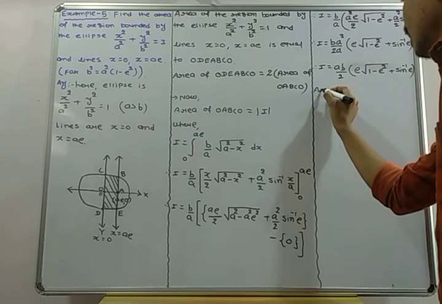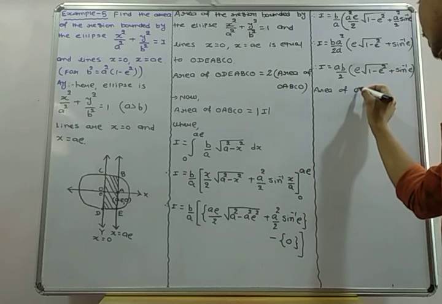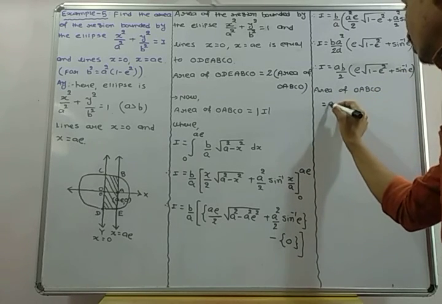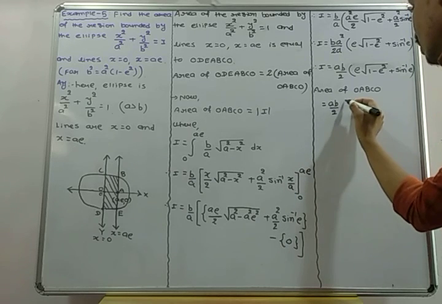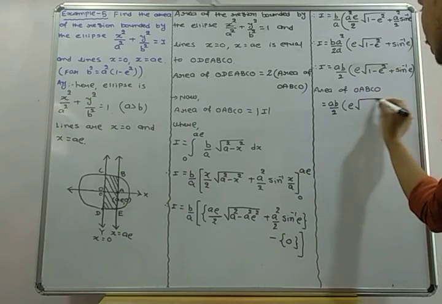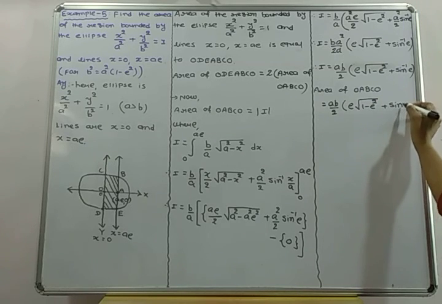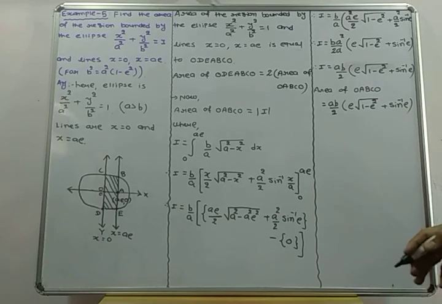Now area of OABCO is equal to AB by 2 e under root 1 minus e square plus sine inverse e. So this is the only OABCO.